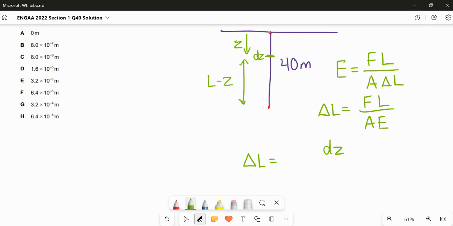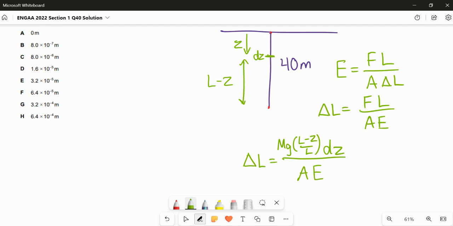So I've chosen this to be the natural length of that section of the wire, and then L here represents the total length of the wire. So the weight below it would be mg times L minus z over L, the fraction of the rope that's below it. Then, of course, divide it by AE.